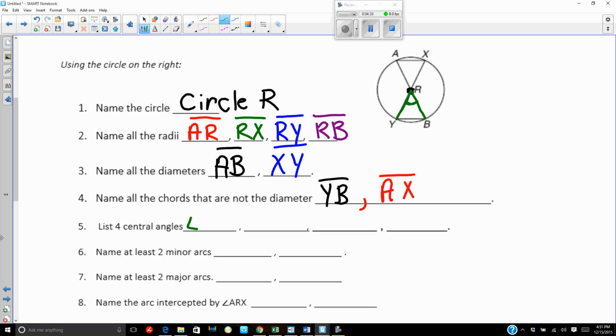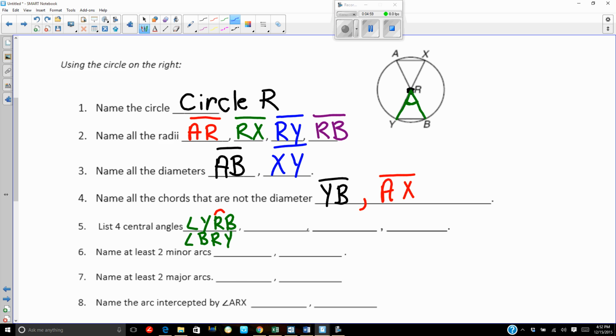There's the symbol for angle. That is angle YRB. You could also say angle BRY. It's talking about the same angle. Notice in both of those, R is in the center because it's the vertex of the angle.